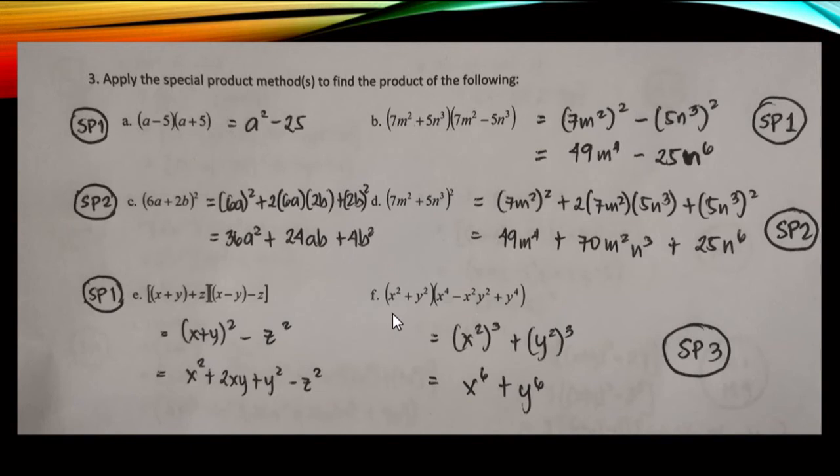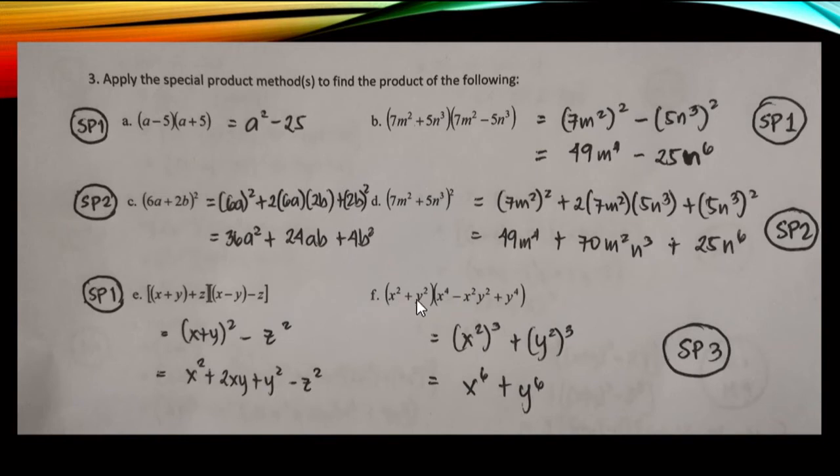Then, last, we have x squared plus y squared multiplied to x to the power of 4 minus x squared y squared plus y to the power of 4. Here, under di siya sa atong special product 3. That is the special case of the product of a binomial and a trinomial that results to the sum or difference of two cubes. So, ang resulta na cubes.